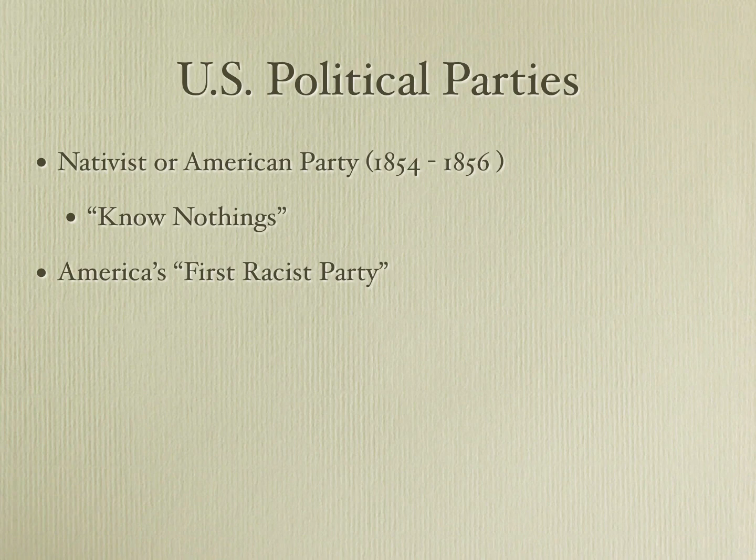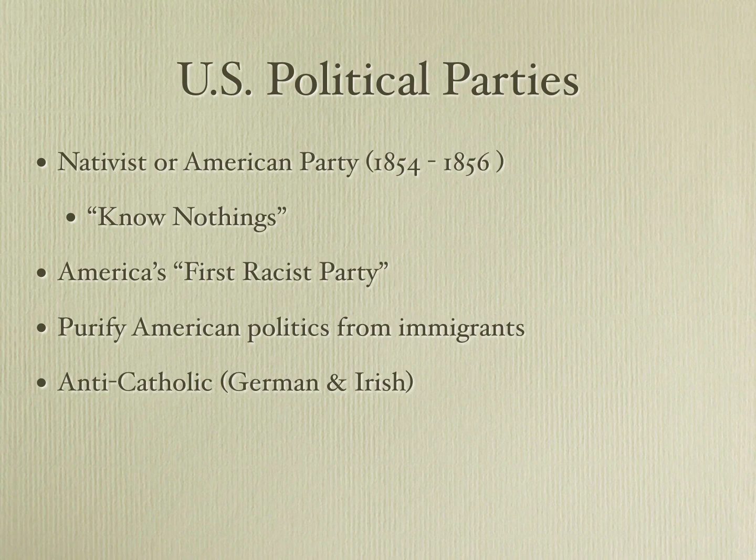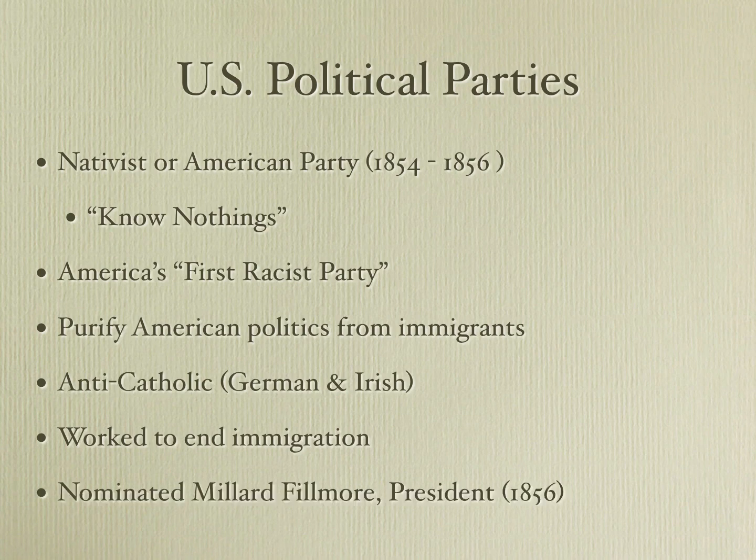So they got to be known as the Know-Nothings. Their goal was to purify American politics by ridding the nation of immigrants. They were anti-Catholic, they disliked Germans and Irish, and they worked to end immigration into the United States. They nominated Millard Fillmore in 1856.